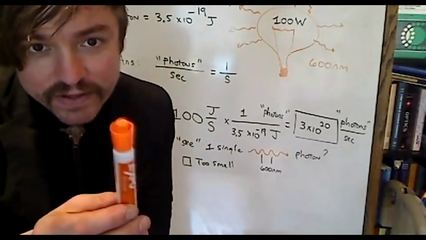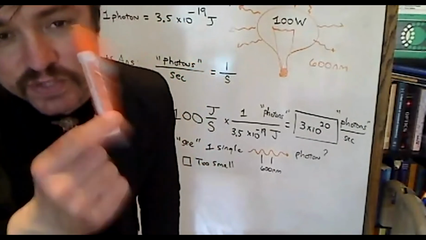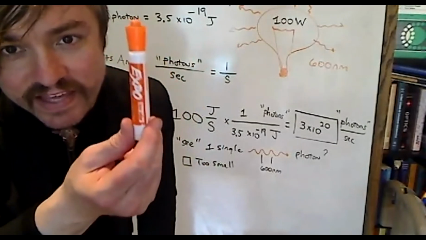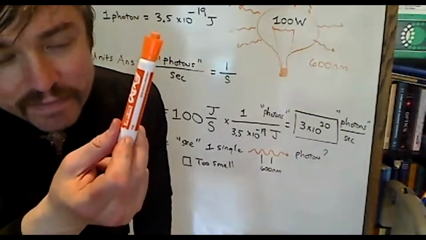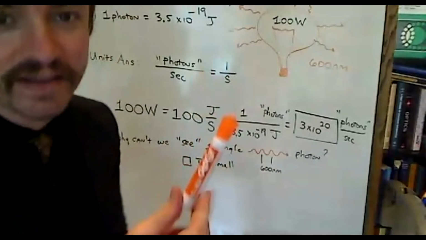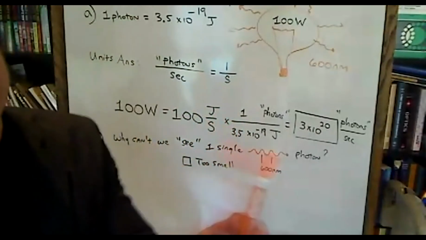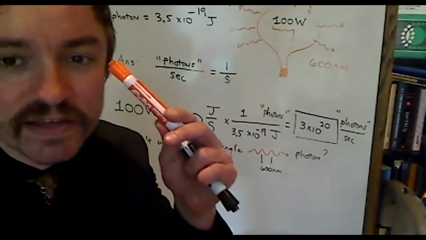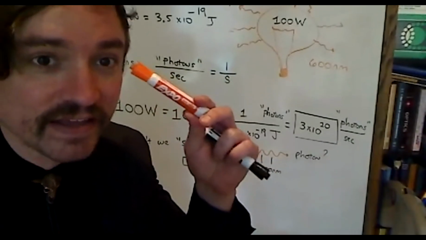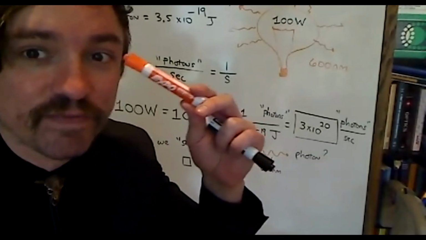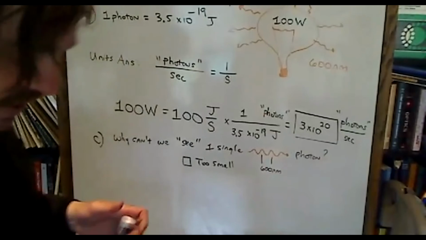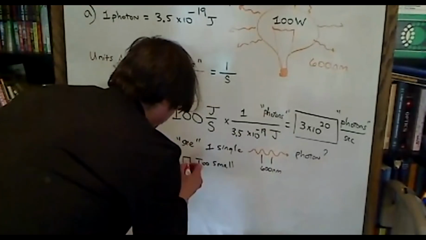So if 600 nanometers was too small to see, then we wouldn't be able to see any orange photons at all, because all orange photons are at 600 nanometers. Do you see the conundrum there? It can't be that 600 nanometers is too small, because our eyes seem to like looking at 600 nanometer photons as well as 500 and 400 nanometer photons. So I'm putting an X at too small. That's not good enough for me.